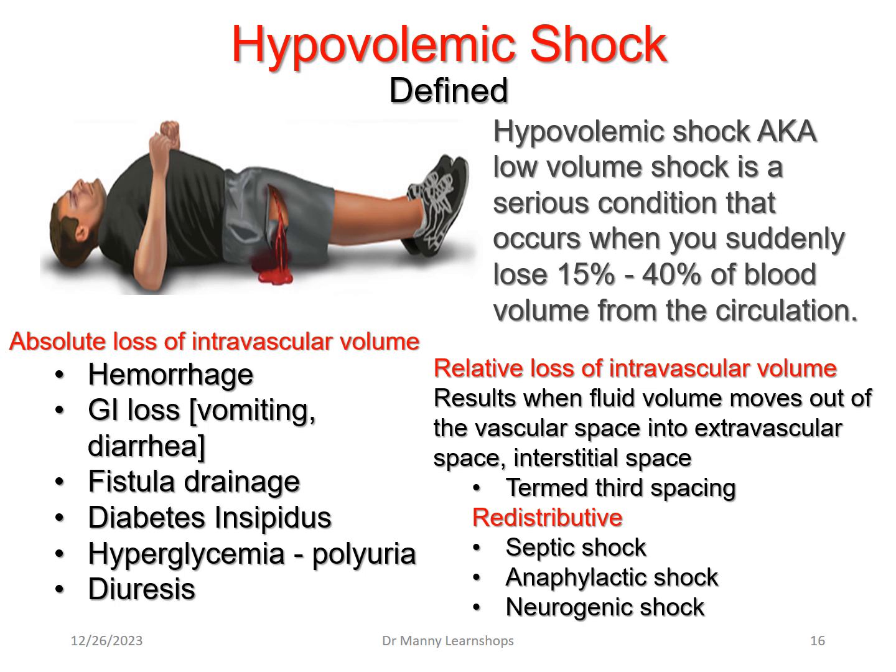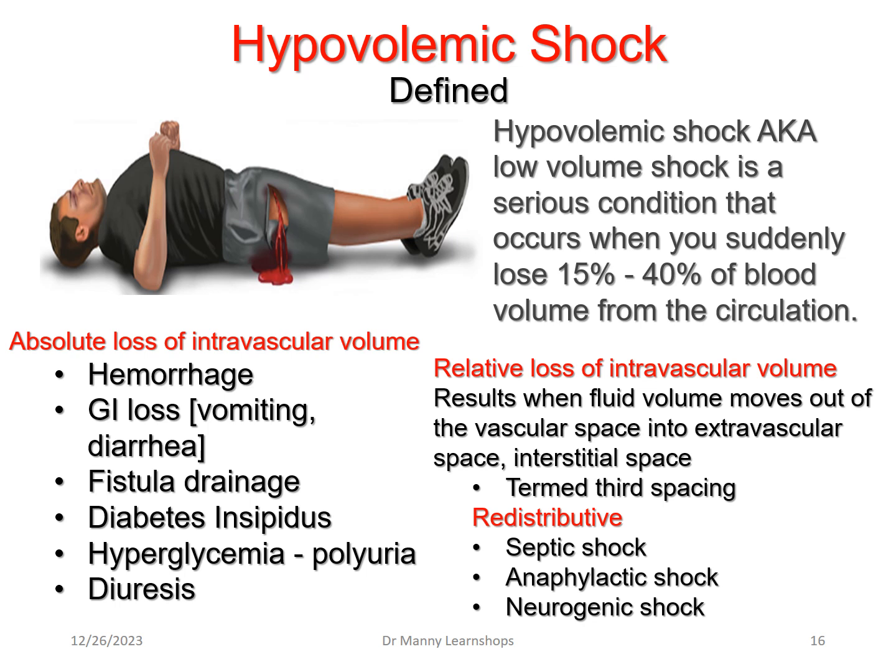The absolute loss of blood, which means you've absolutely lost it, can be as a result of hemorrhaging, severe vomiting and diarrhea, loss of a lot of fluid from a fistula, diabetes insipidus, where you're passing something like 20 to 30 litres of urine every 24 hours, hyperglycemia as a result of diabetes mellitus, polyuria, or just any massive diuresis that you might have.